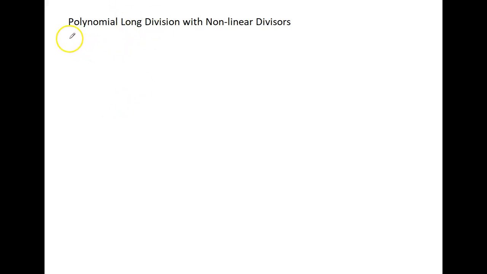So let me get a polynomial out. How about this one? 3x to the fourth power minus 4x cubed plus 12x squared and plus 5.